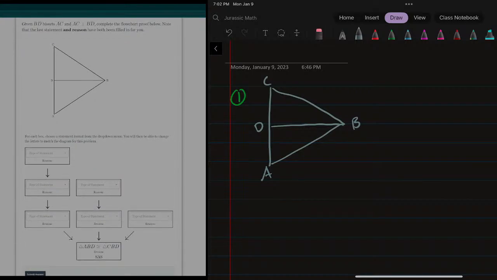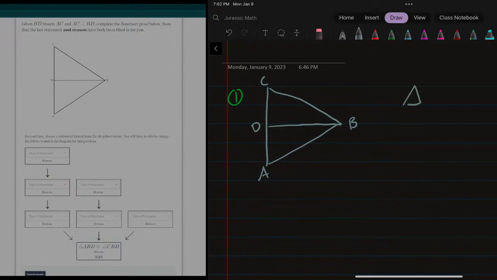The thing that we really care about is proving triangle ABD is congruent to triangle CBD by side angle side. So that tells me I'm going to need to find one side that they have that's the same, and then actually no, sorry, two sides, because it's side angle side.